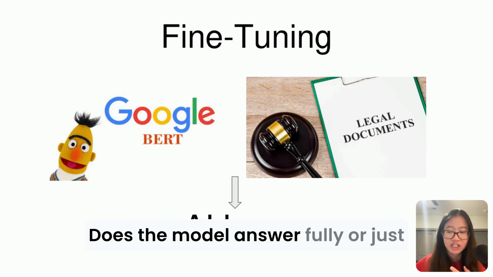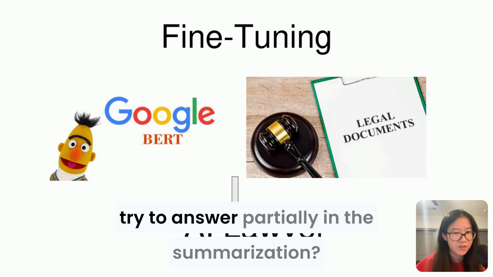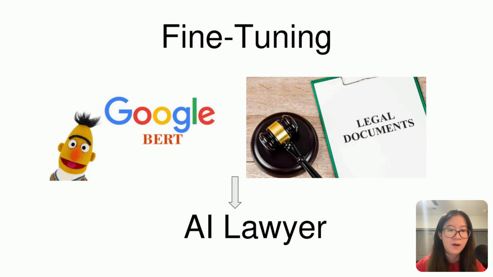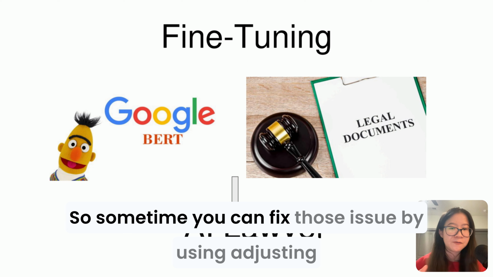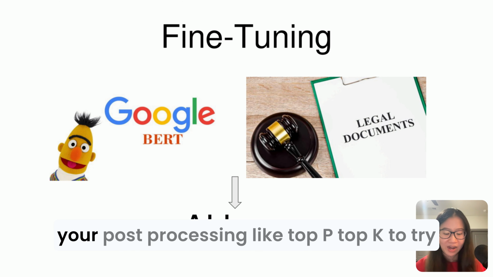Does the model answer fully or just try to answer partially? In summarization, does it write on point or does it try to hallucinate around? So sometimes you can fix those issues by adjusting your post processing, like top P and top K. And that is the fine tuning.